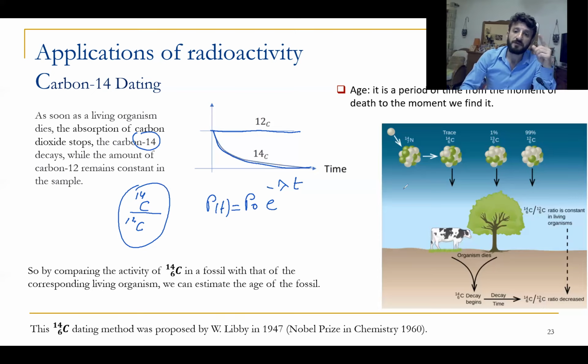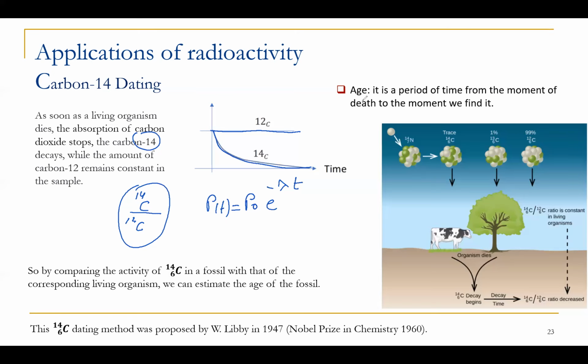Okay? Be careful here. When I talk about age, it means the period of time from the moment of death to the moment we find it. During the life of the organisms, we have a constant quantity of carbon-14. At the time of death is the initial point.